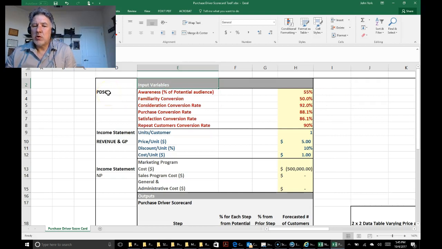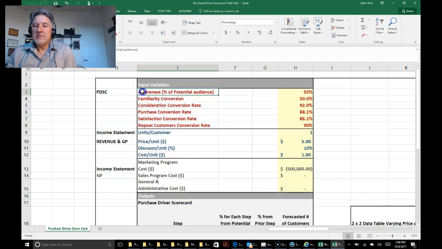I broke up the input variables into those that are purchase driver scorecard specific, over here, because these are going to be very key to making the model calculations.